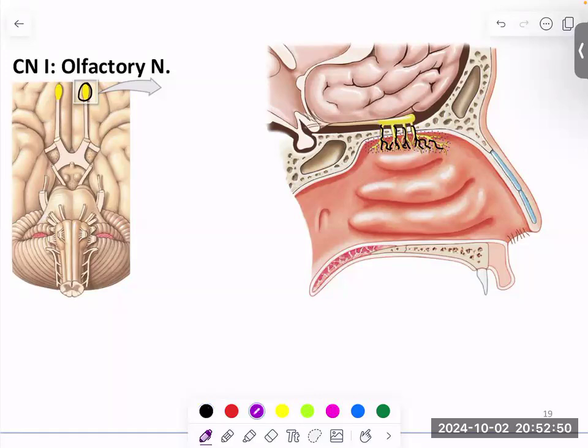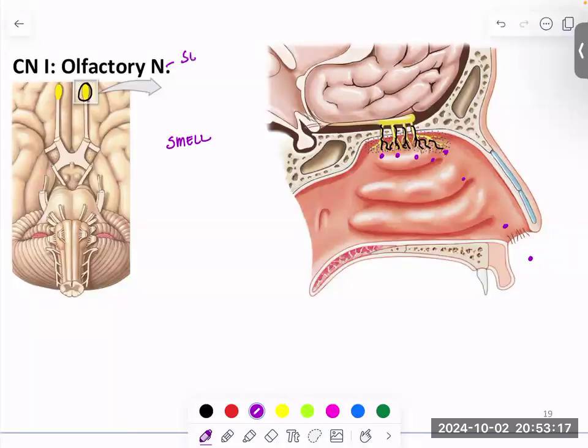So when somebody puts odors in the air, someone rips a fart, that means fart particles have gotten into your nose. Lovely. And they attach to these nerves. Olfactory is the nerve that is responsible for smell.